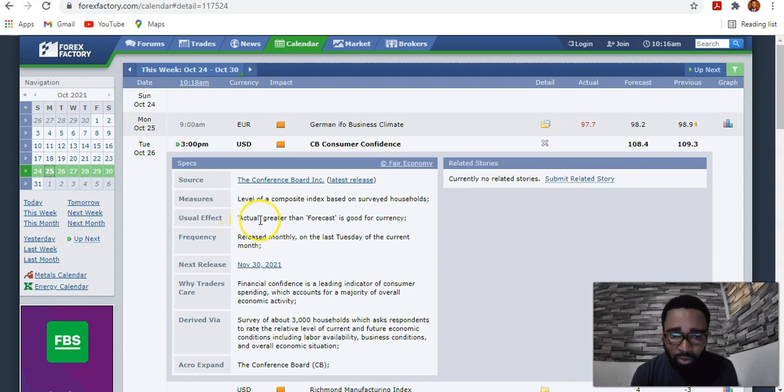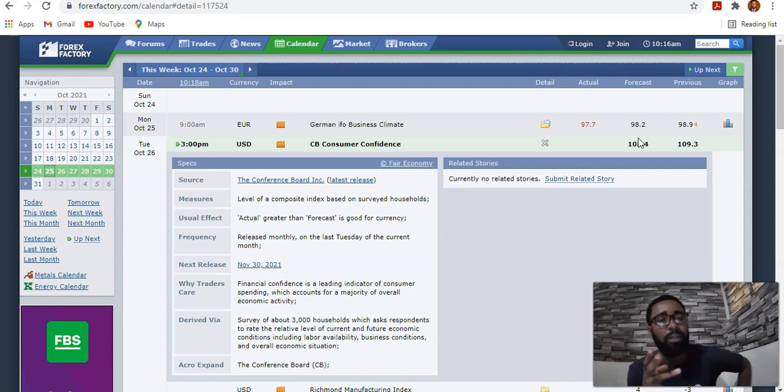It says actual greater than forecast is good for currency. So they are saying that if the actual, when it is released by 3 p.m., is greater than the forecast, then the news favors the currency, meaning that the currency will appreciate, or it will be stronger.